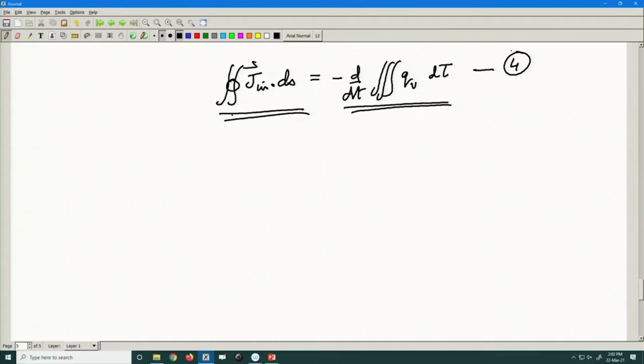Associated with every field quantity, there is a circuit quantity. Let us write down the circuit quantities. V, the voltage measured in volts.